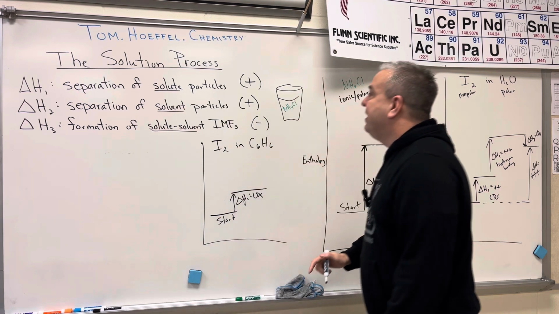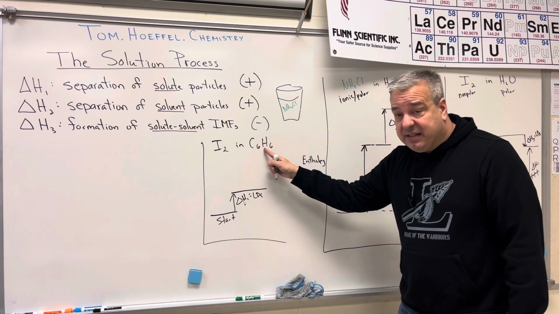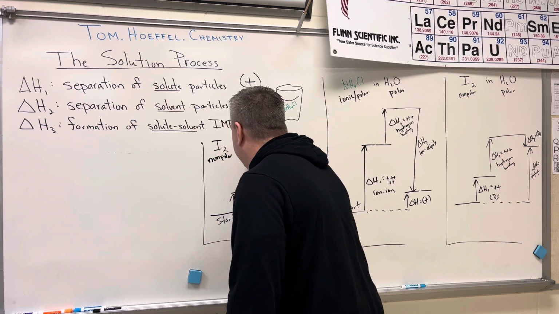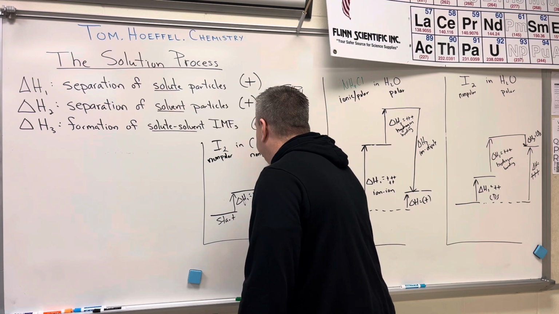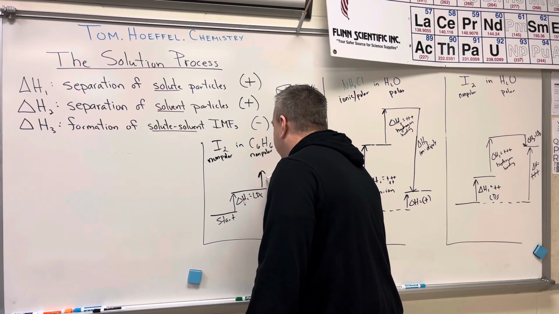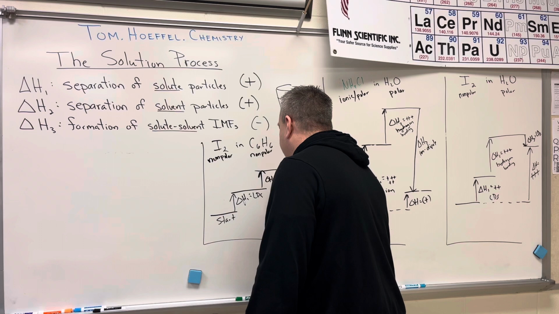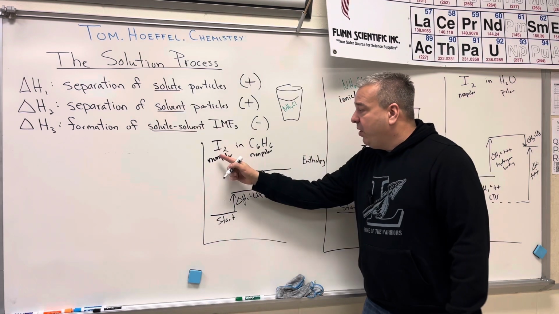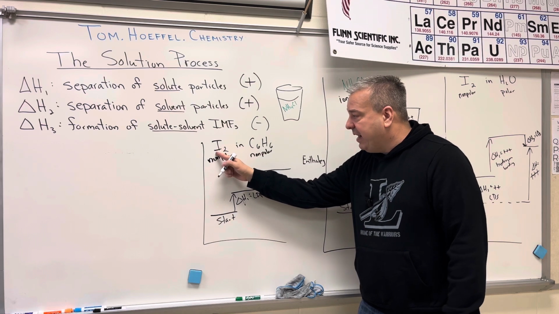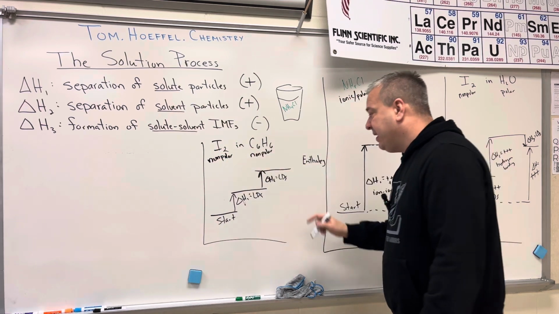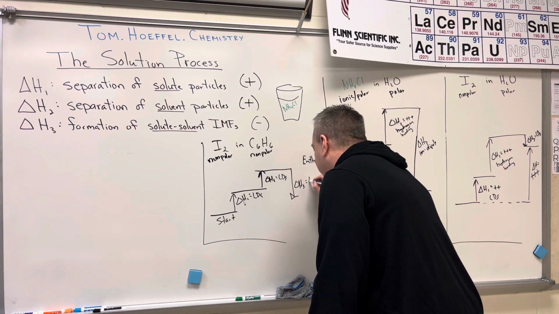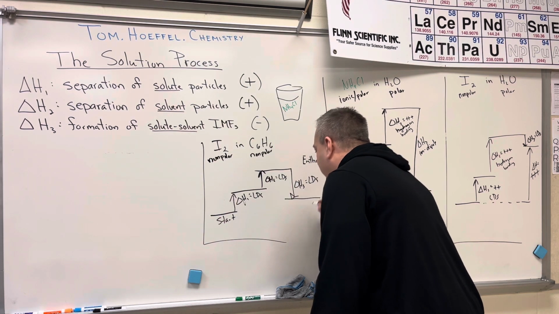Delta H2, this is nonpolar, so let me label each of these as nonpolar, and that's going to be LD. So delta H2 is going to be LDs. And then the interaction that occurs between iodine and hexane is going to be LDs. So delta H3 is going to be LDs as well.